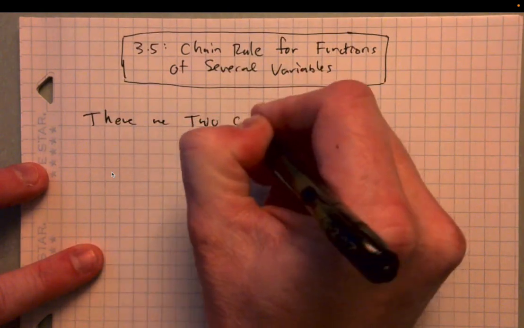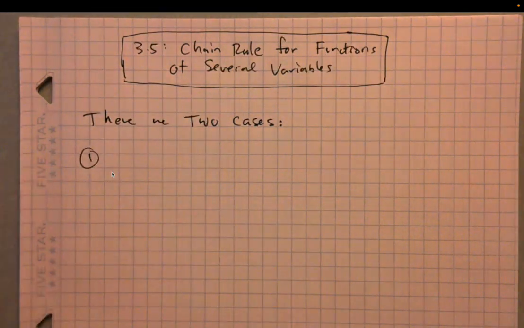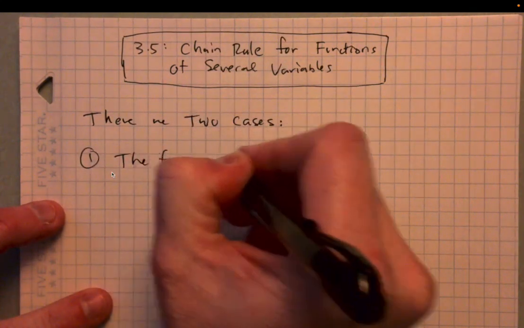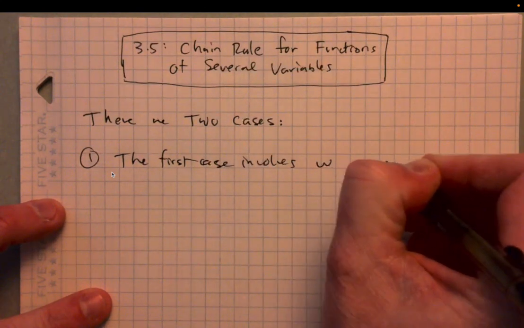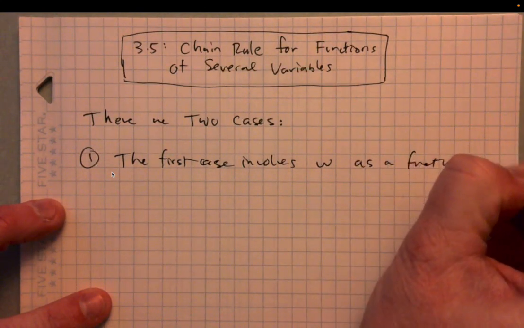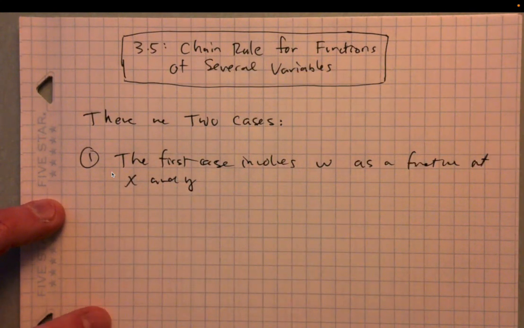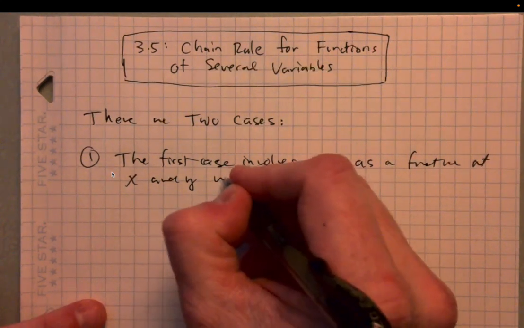The first one, case one, which is where we'll start, involves w as a function of x and y, where these two, x and y, are themselves functions of a single variable t.